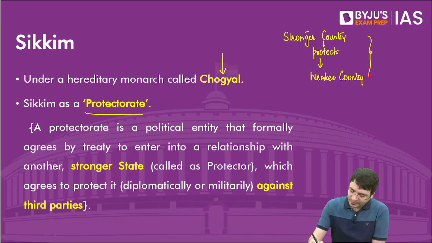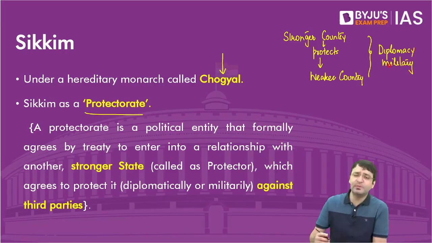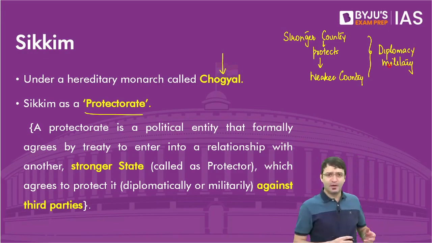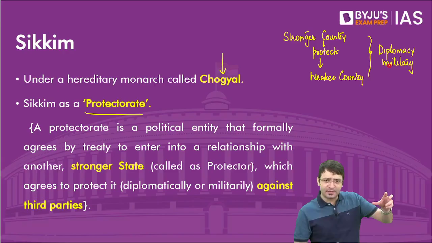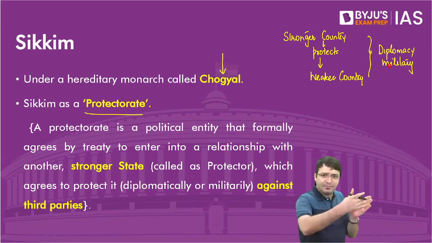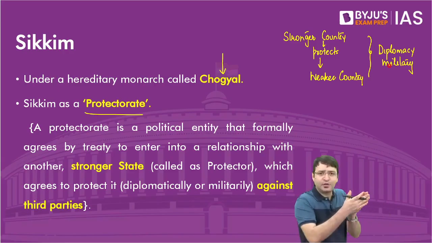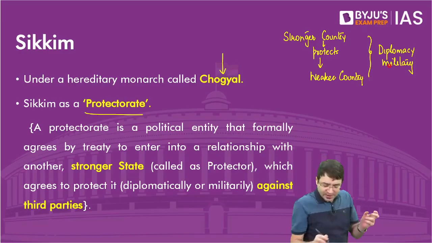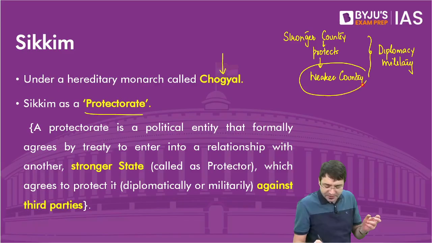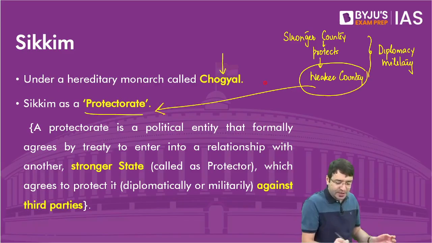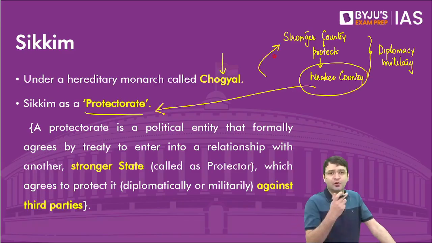How? Through diplomacy, through military strength. For example, in 1947, Chogyal and the government of India entered into an agreement under which Sikkim, a weaker country, became the protectorate of a stronger country known as India.